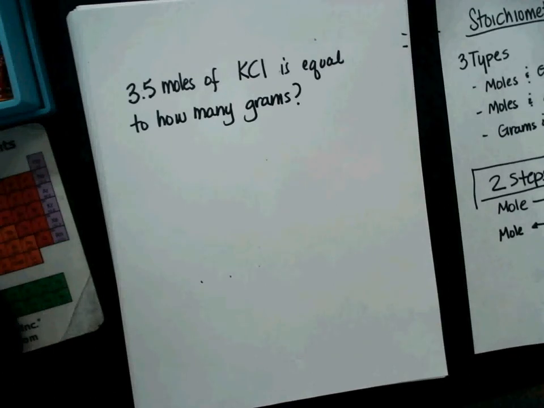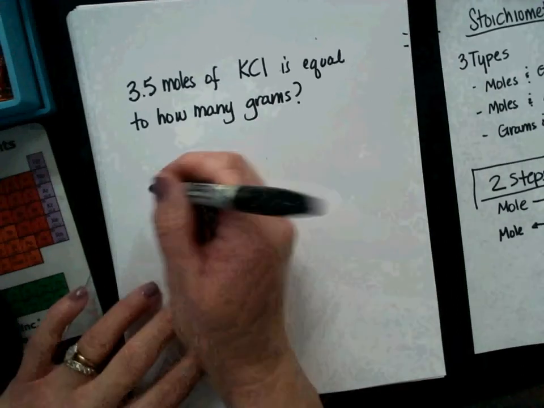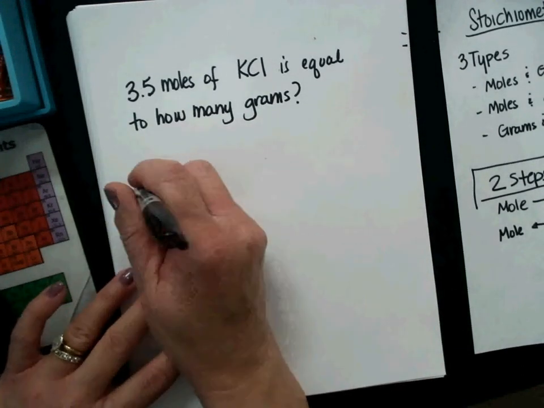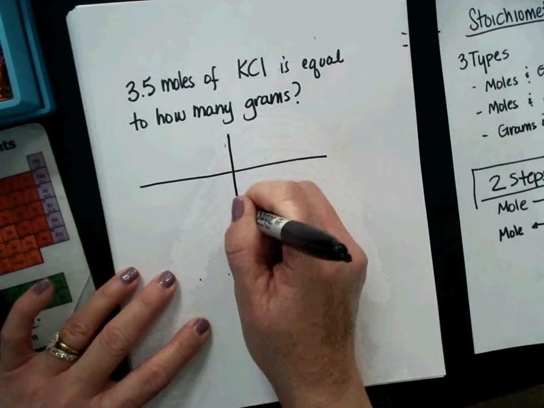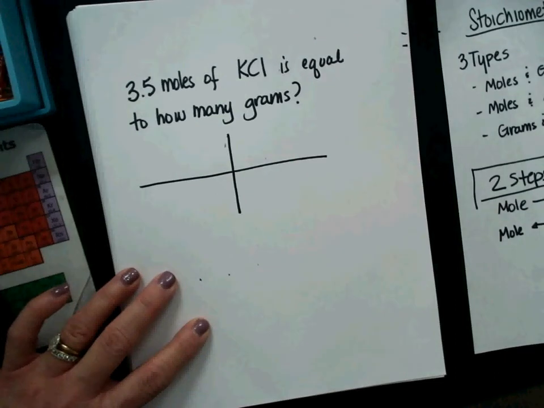So the first thing we do, you may have done this in math before, is called dimensional analysis. There's a way that you need to set these up because as they get longer and longer, it'll keep your information clear. It's a 2-step problem, so I just make a set of boxes that looks like that.